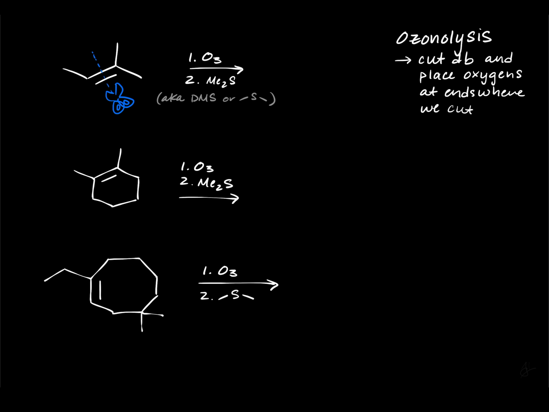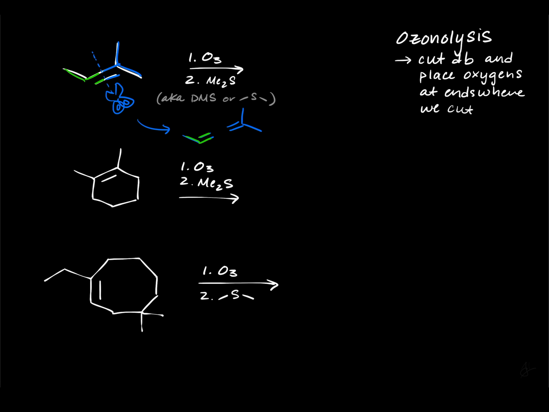What will the product of me cutting that double bond look like? Well, it would look something like this, where maybe we can make this green, where this is the green part and this is the blue part.